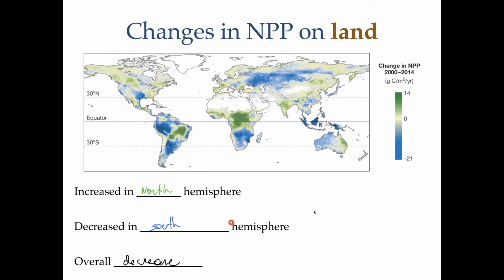And why did it decrease in the South Hemisphere? Because of the drought. The drought is so severe in most of the places in the South Hemisphere that we are seeing a very strong decrease in net primary productivity, especially in regions that are very important for the production of net primary productivity. So overall, on land, net primary productivity is decreasing.